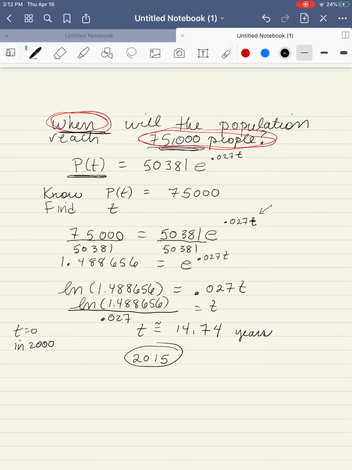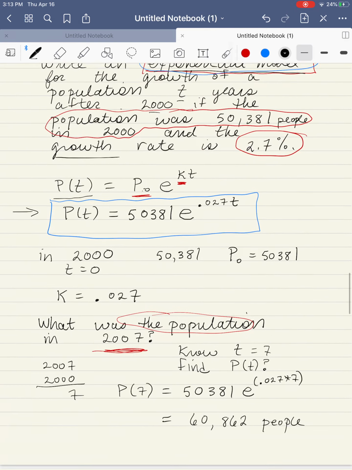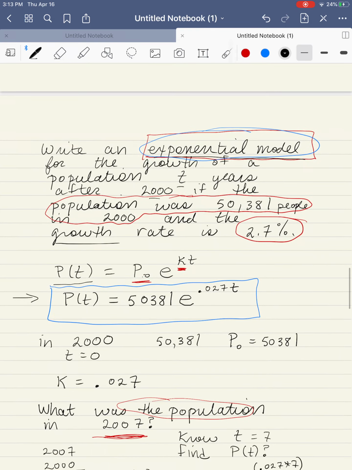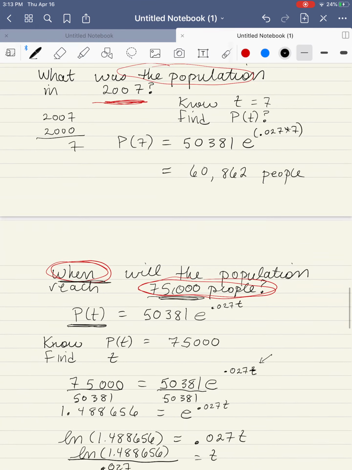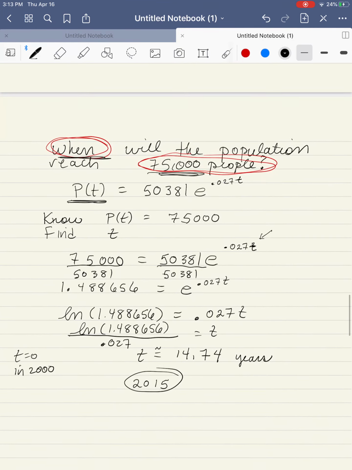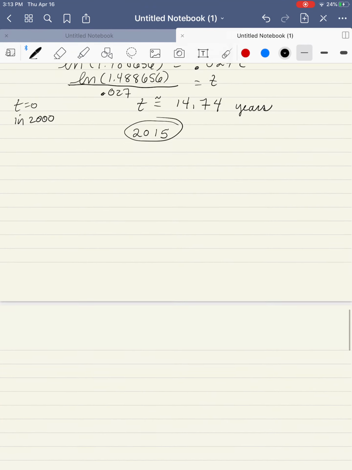So I'm just going to say that by 2015, I will have reached 75,000 people. So in this problem, we use exponential growth to write a model, and then we used it to do a couple of different things.